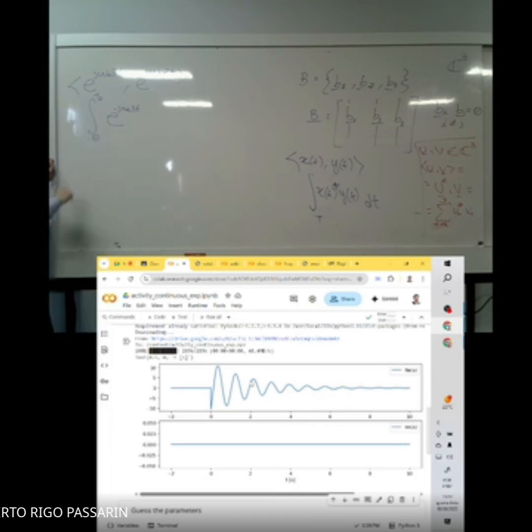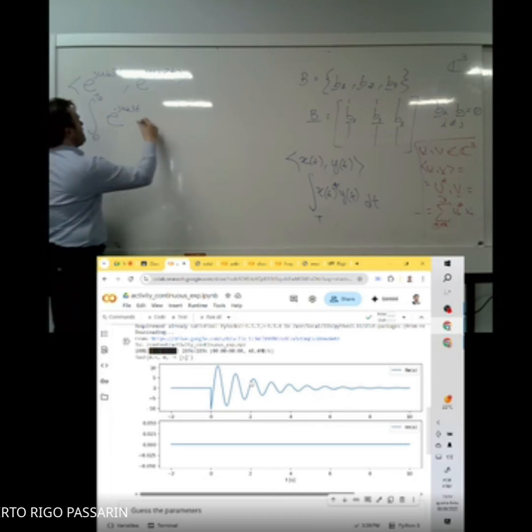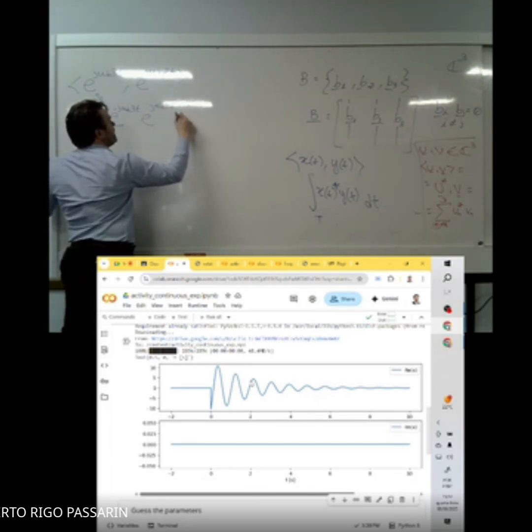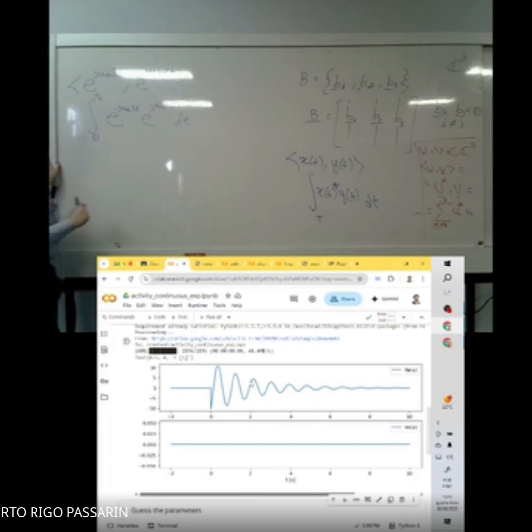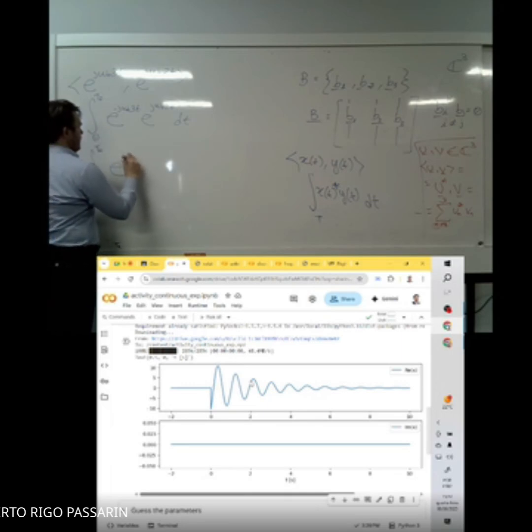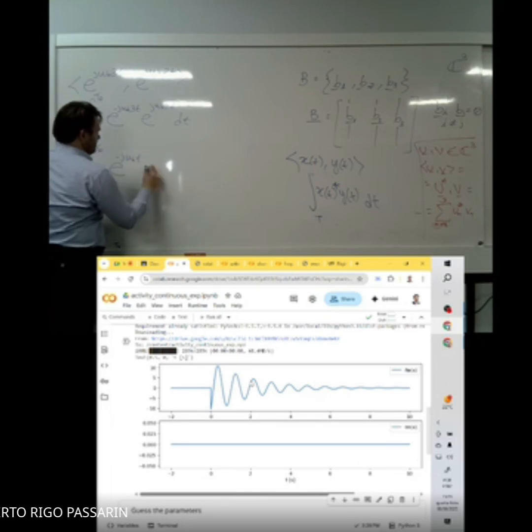So this is the complex conjugate of this guy. e to the j omega 0 2 t dt. We have our inner product as e to the j omega 0 times minus 3 plus 2, minus 1, t dt.